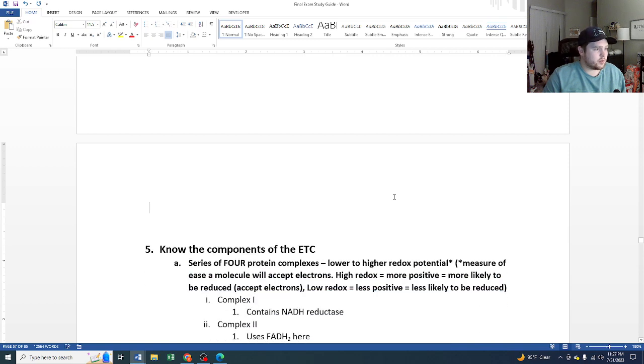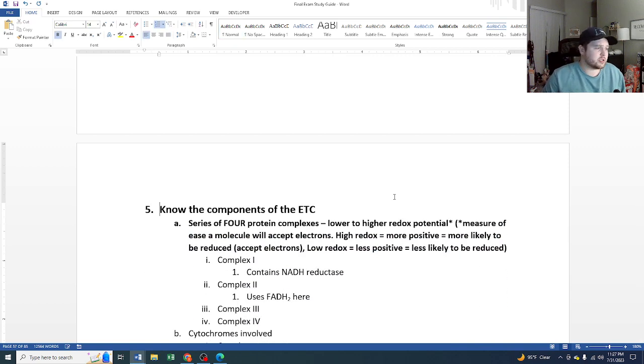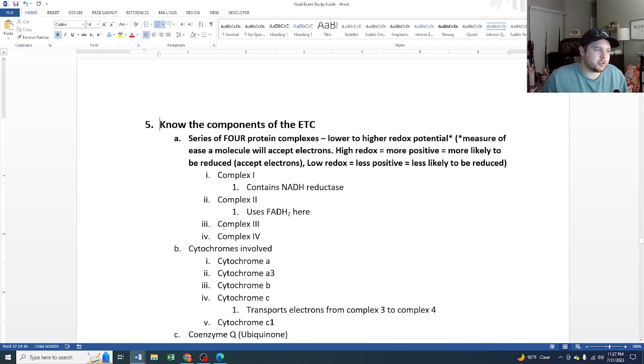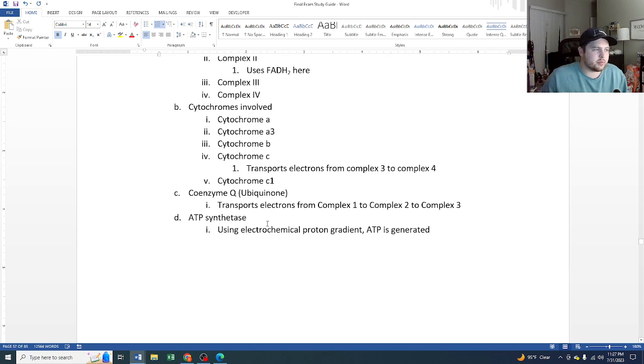Continuing through, we have knowing the components of the electron transport chain. Again, we just discussed all of those: complex 1, complex 2, 3, and 4, the different cytochromes, the coenzyme Q, and then the ATP synthetase, aka complex 5. Let's stick with Roman numerals.